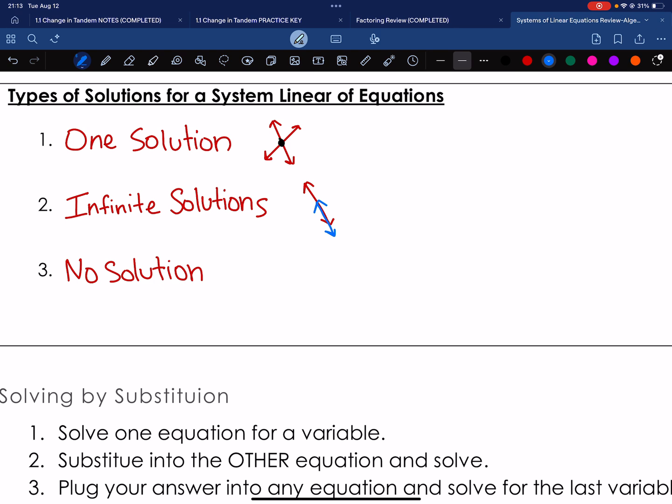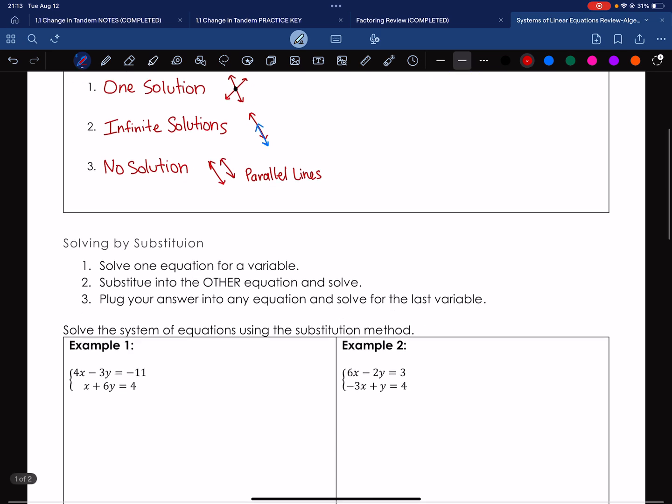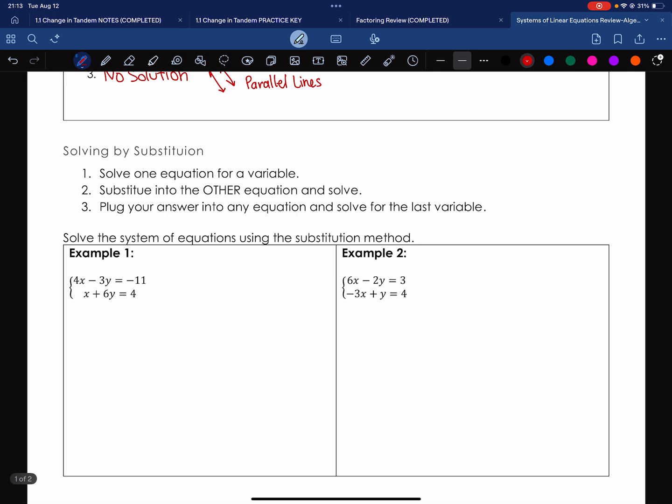You have two of the same lines. And then no solution, you have two parallel lines, and so those lines never intersect. So I'm going to make a note that these are parallel. Okay.